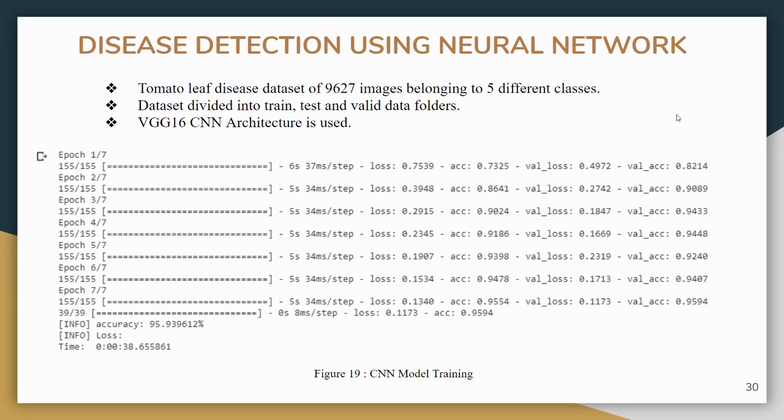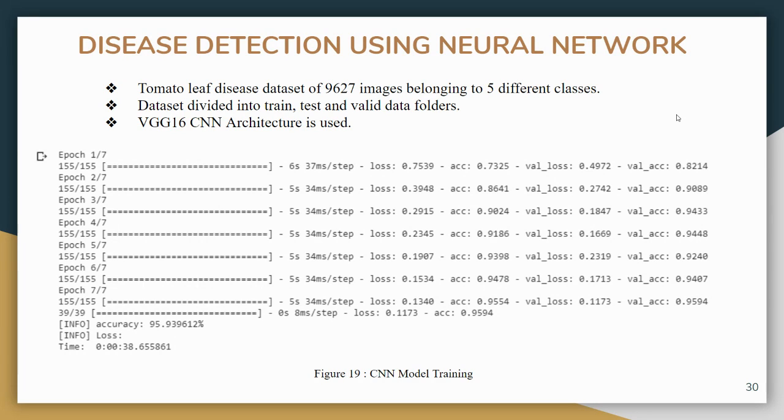For the neural network, we have used the tomato leaf disease dataset, which comprises around 9627 images belonging to five different classes. The dataset is then divided into training, testing, and validation datasets in different subfolders.